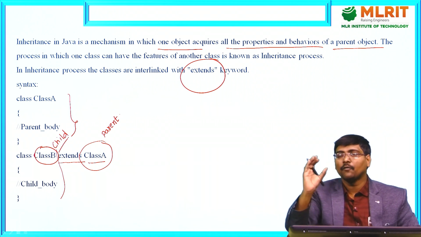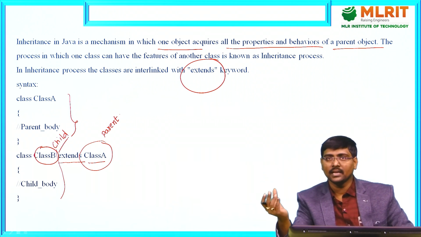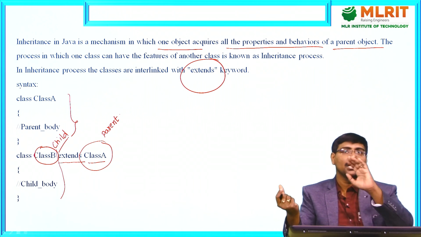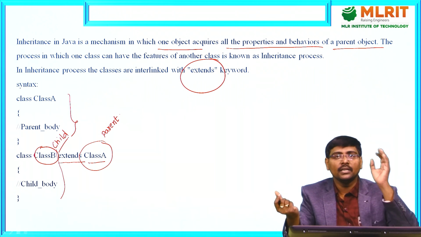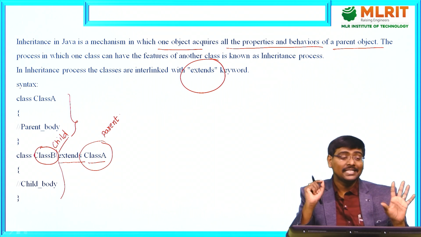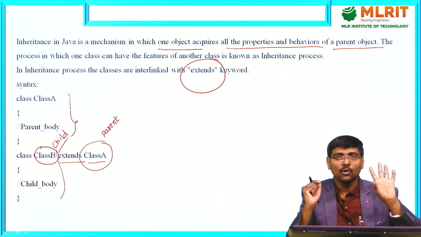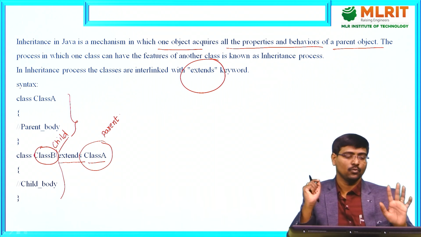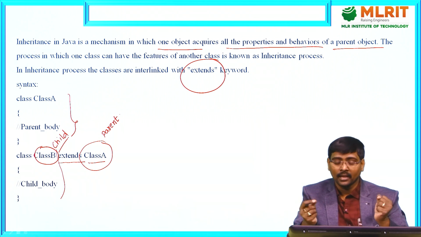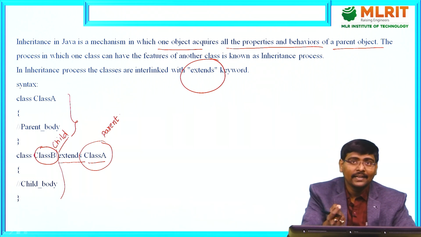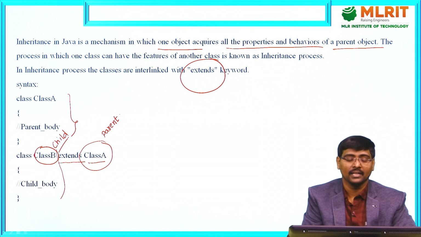Class A, after the extends, is the parent class. Before the extends, whatever it is, is called the child class. Like this, we achieve inheritance.